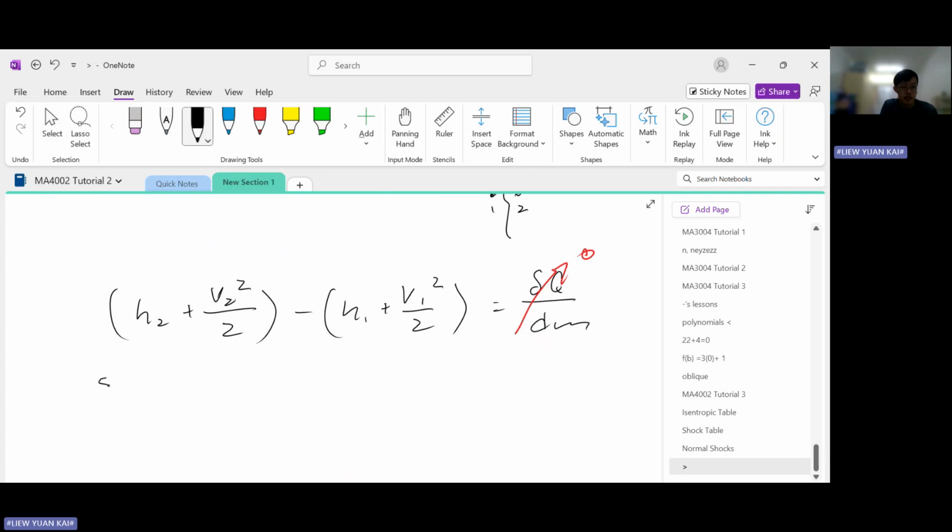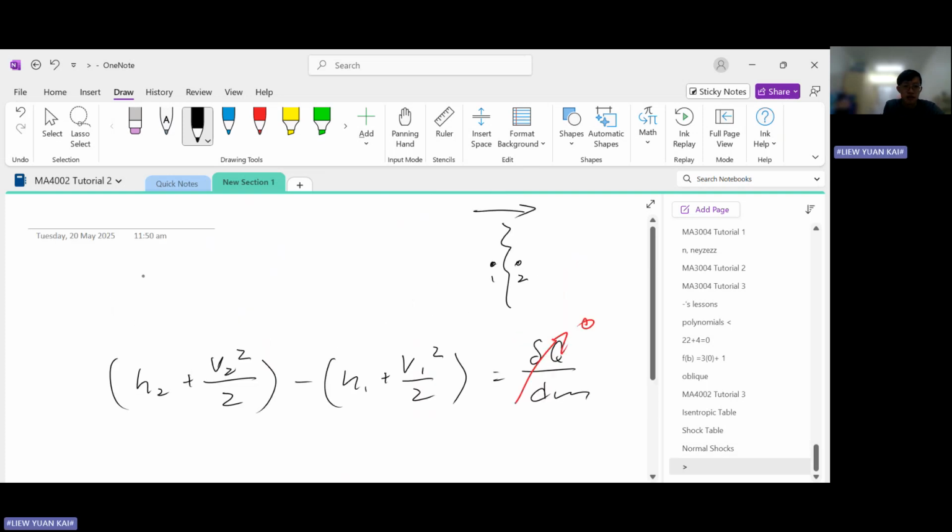Now, what is the definition of a stagnation point? Stagnation means velocity equals 0, okay? So now we want to see the difference in energy of the stagnation points. Let me draw a flow. This is point 1, this is point 2.